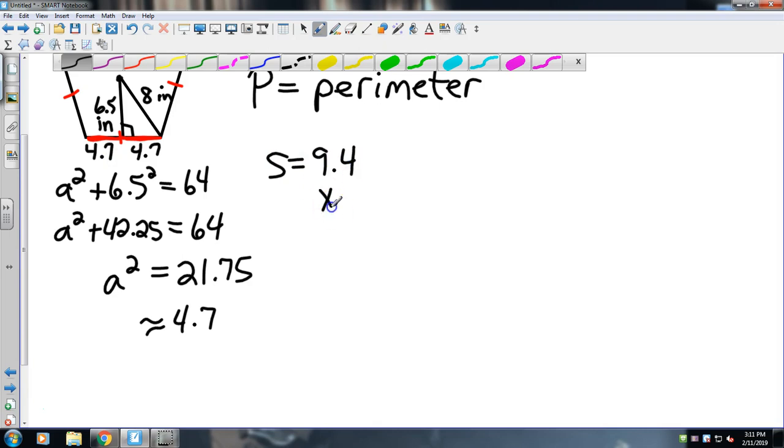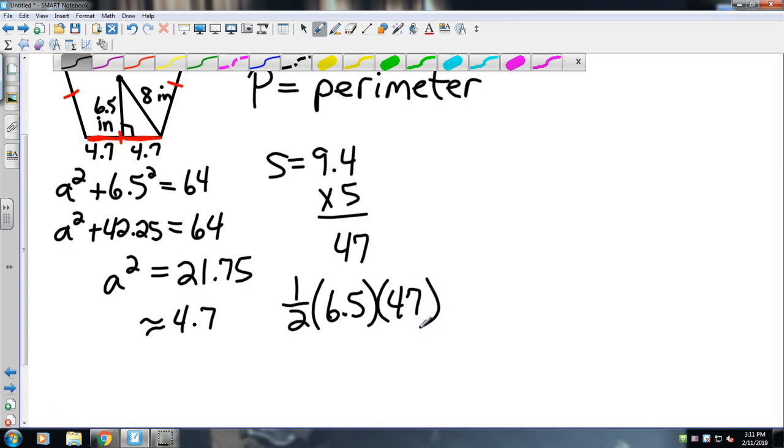Because I have a pentagon, I'm going to multiply that by 5 to get me the perimeter. And that's going to be 9.4 times 5 gives me 47. So I've got 1/2 of my apothem, which was 6.5, times my perimeter, which was 47. So I've got 47 in my calculator still, so I'm going to multiply it times 6.5, and then I'm going to divide by 2.